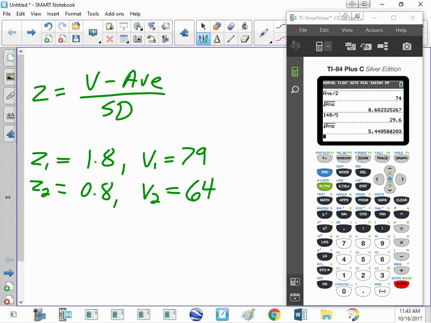Okay. What am I looking for here? What do I need to know in order for this to work out? I need the SD and the average. I can tell you something about the average. What do I know about the average? It's not between 79 and 64.